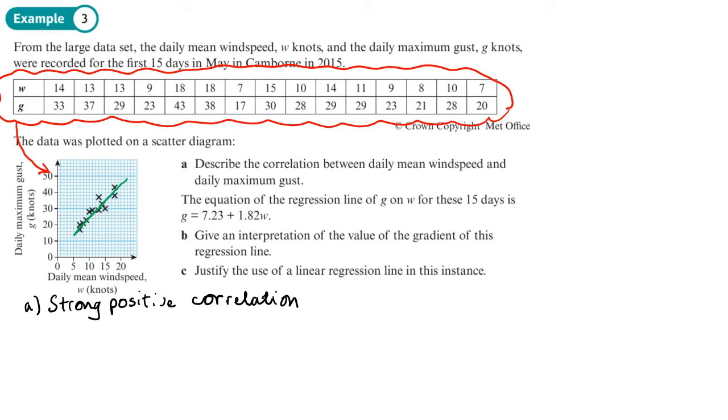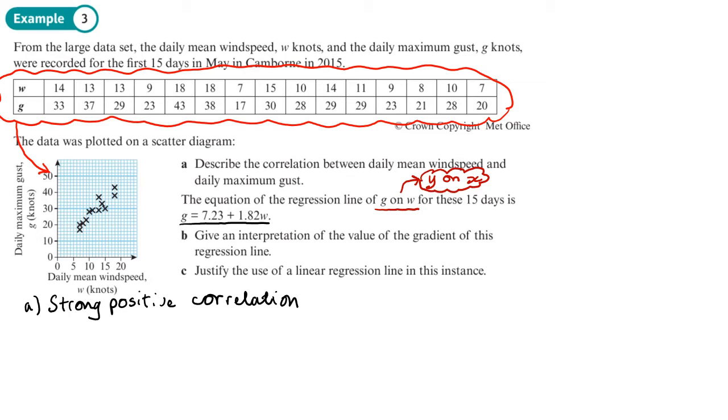Part B says the equation of the regression line of G on W for these 15 days is G equals 7.23 plus 1.82 W. So the first thing is, what does this G on W mean? Well, that matches up with our y on x that we said before, the regression line of y on x.